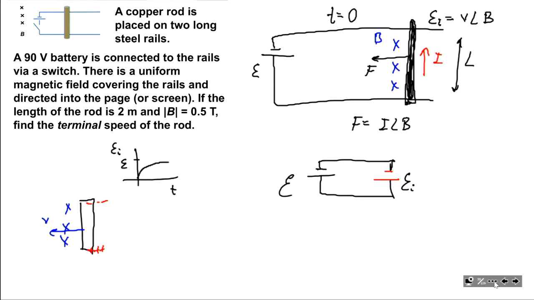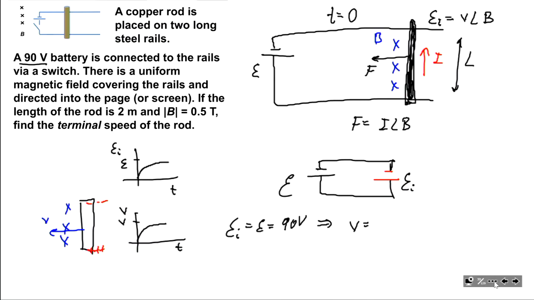Kind of cool. All right, so what else can we do? Well, we know the external EMF, which means eventually the induced EMF will be equal to the same value, 90 volts. What else do we know? The length and magnetic strength. Well, hence, if we want to calculate that terminal velocity, the velocity changes from zero to that final value.